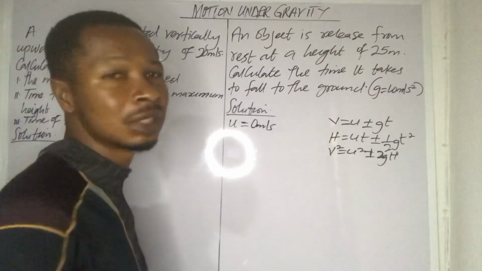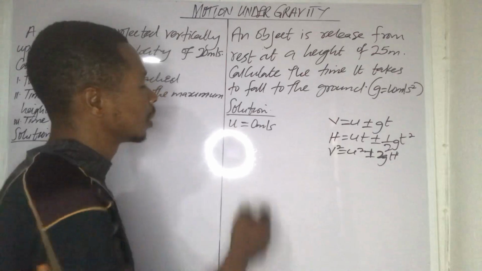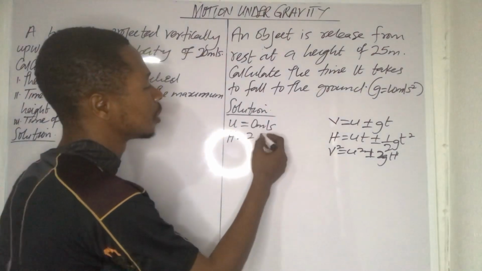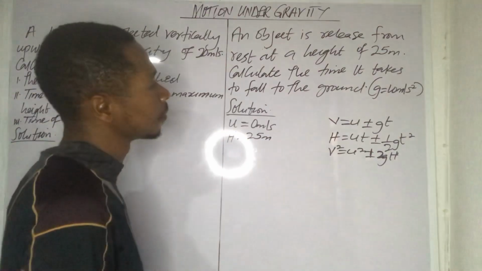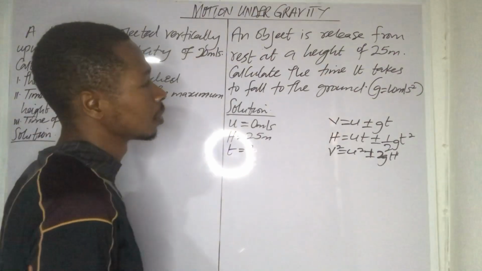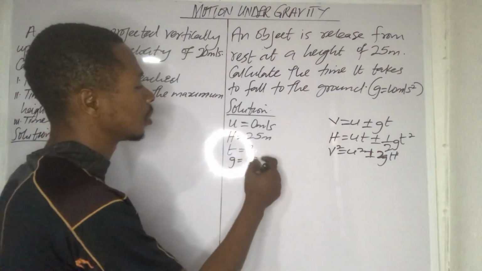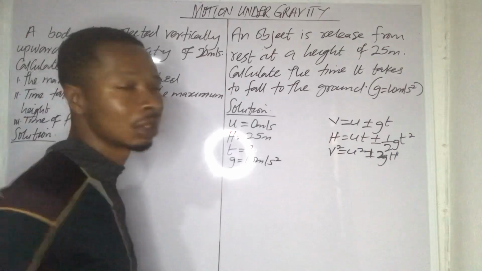So since this object is released from rest, u is 0 meters per second. Then you have a height of 25 meters. Calculate the time t, that is the question, it takes to fall to the ground. Then they give us g is equal to 10 meters per second squared.